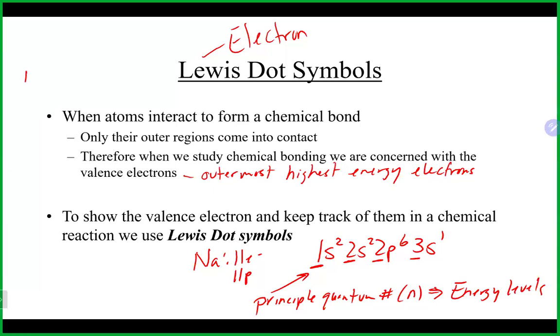So for example, N equals 1 is the lowest state of energy and closest to the nucleus. N could be 2, 3, 4, 5, 6, 7, and all those are higher states of energy, which means the electrons are further away from the nucleus.